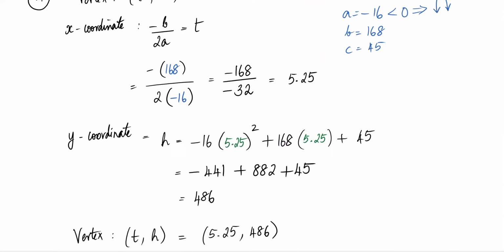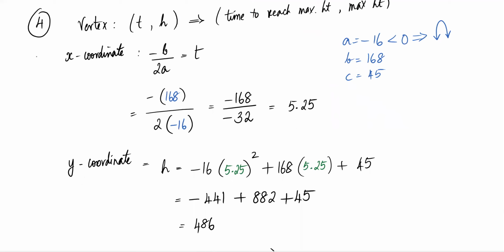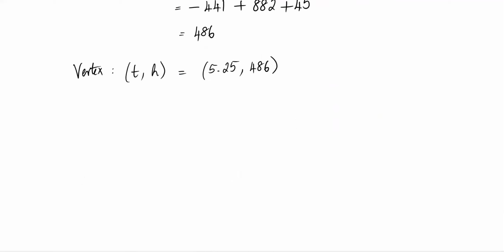So this is step 5 where you do the actual calculation. Step 5 of your word problem steps. Step 6 is to check. And for that, we're taking the equation. H is negative 16t squared plus 168t plus 45.